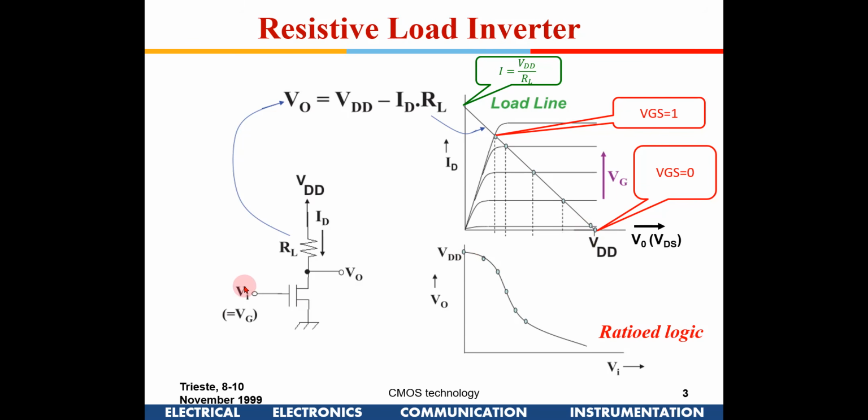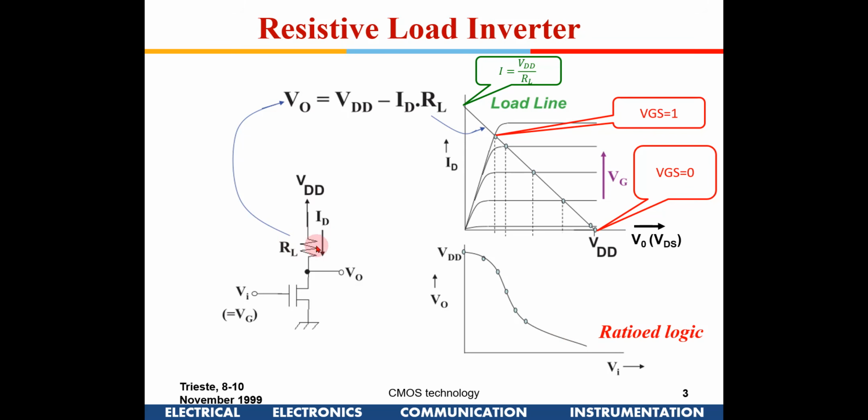When I apply VDD at the input, this is the curve which is going the topmost, a VGS curve. This is intercepting this particular line out here, so this is the point. That doesn't correspond to 0, but it will be slightly more than 0, and hence you will find you don't have a perfect 0 out here. Okay, so you have this curve coming like this.